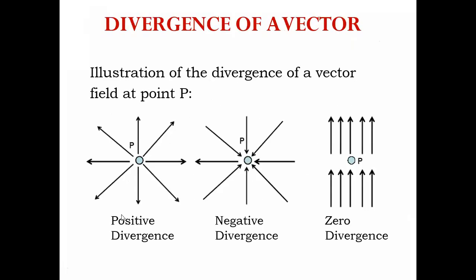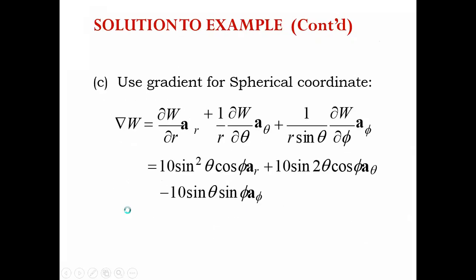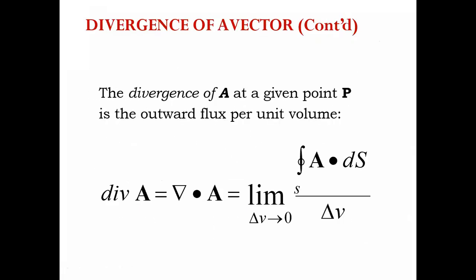Then we come to the divergence of a vector. What is the meaning of divergence? Let me give you a very simple example first, then I will come to the mathematical part. Suppose there is a pipe with two ends, one is the inlet end, one is the outlet end.